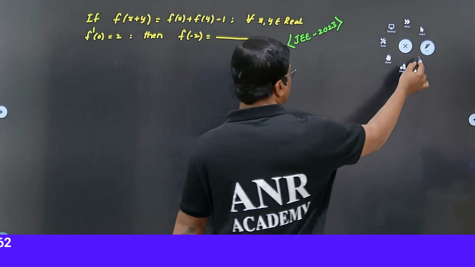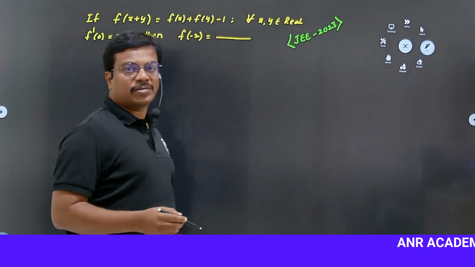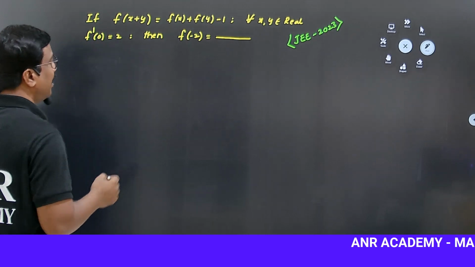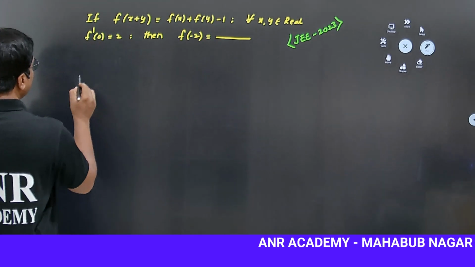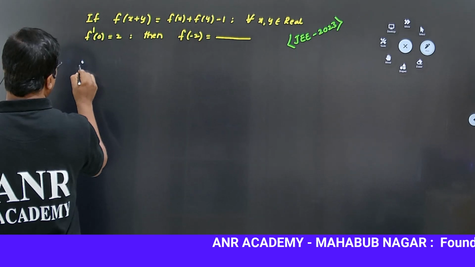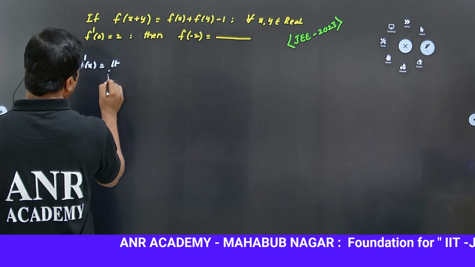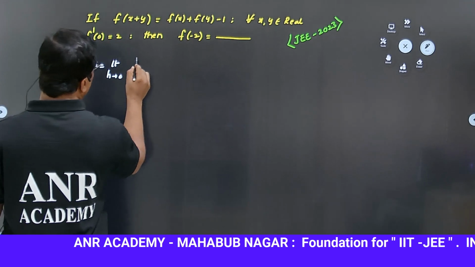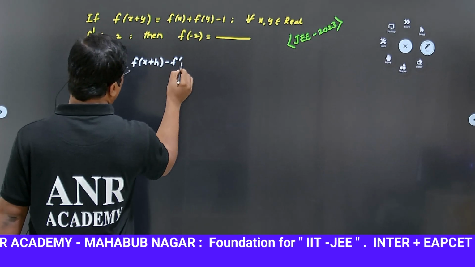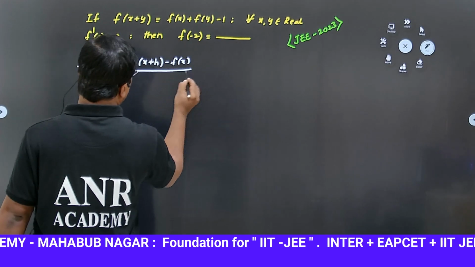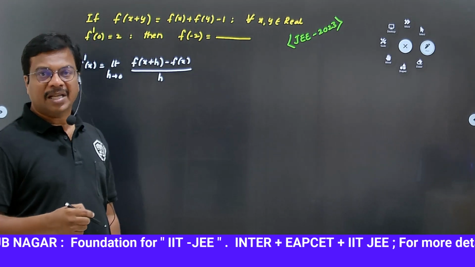See the solution. First, the ordinary method I am going to explain, and then we go for the short method. You know the first principle: f dash of x equals limit h tends to 0 of f of x plus h minus f of x, whole divided by h. This is the first principle of derivative.